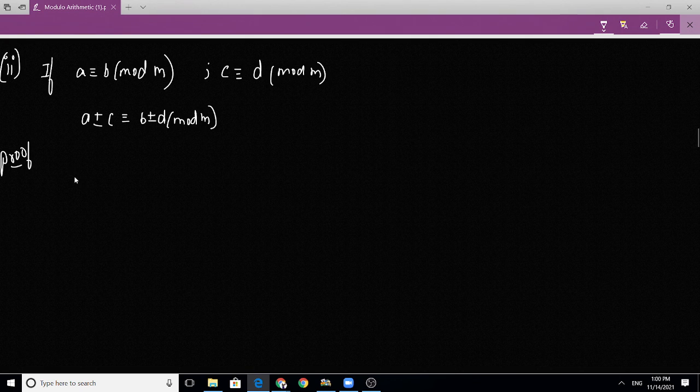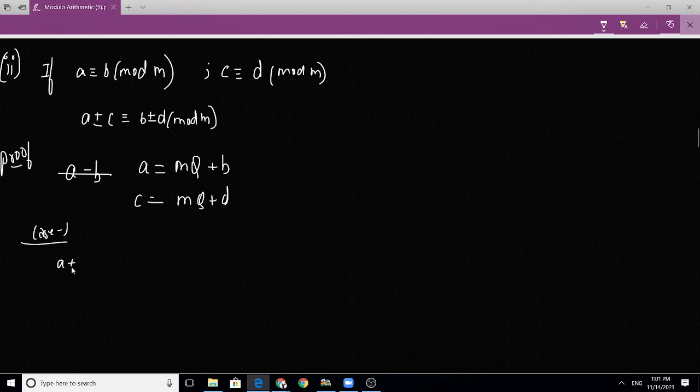So I'm going to write it in a different form. A equals MQ plus B, and C equals MQ plus D. I'm going to add these two.